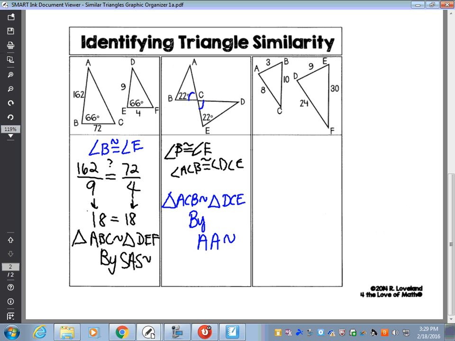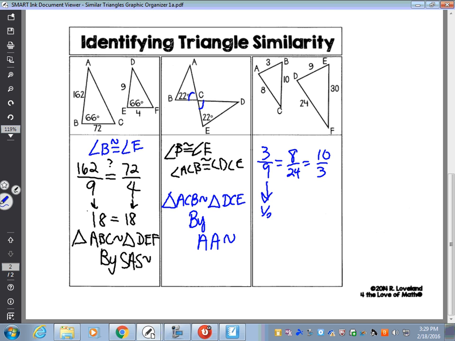And anyone have a start for this third one? Okay, we need to start. 3 over 9. What was the other one? 8 over 24. 10 and 30. Yes. 3 over 9, 8 and 24, 10.